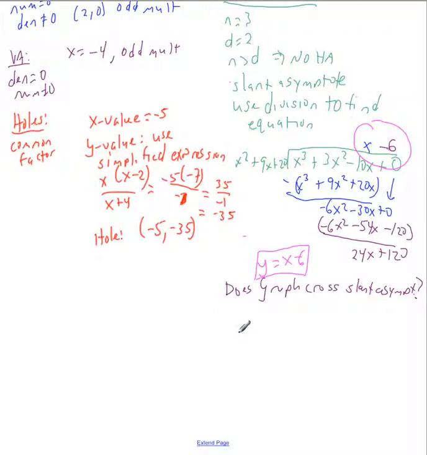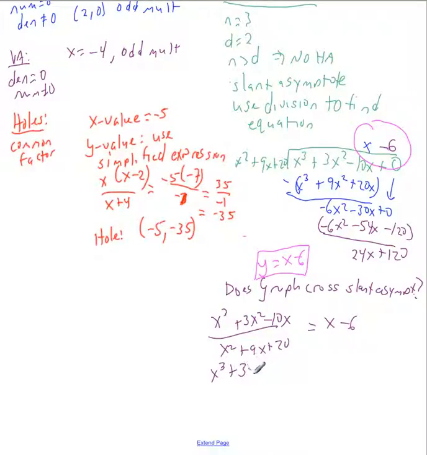We set our original equation, x cubed plus 3x squared minus 10x over x squared plus 9x plus 20, equal to x minus 6. We multiply both sides by the denominator.